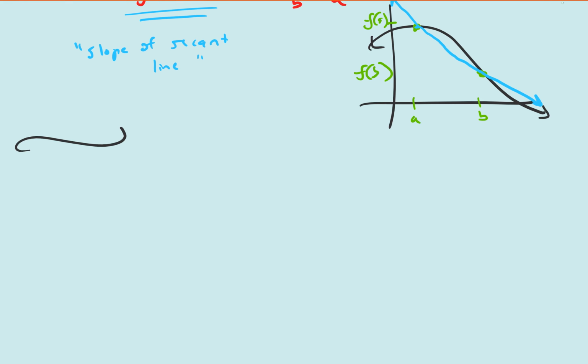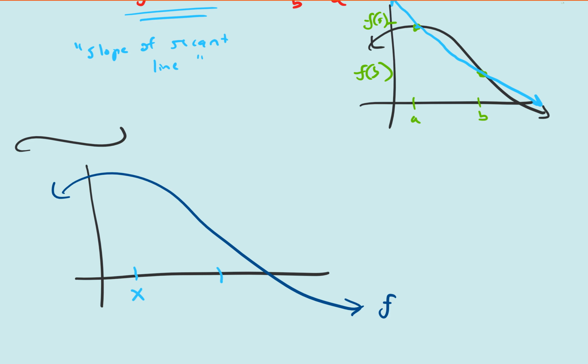So let us consider the same exact picture. Here's going to be our function f, and I'm going to define this point to be x, and we're going to have another point in the future. If this is x, then this point right here is going to be f of x.